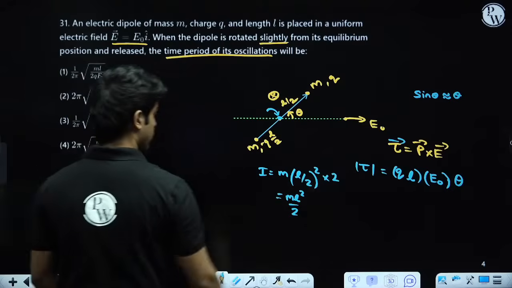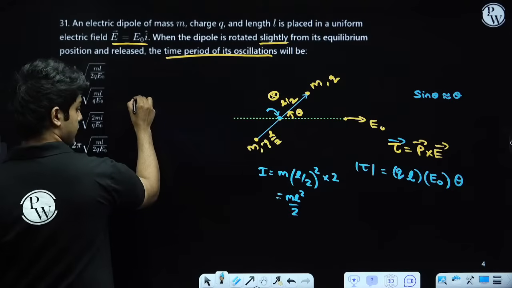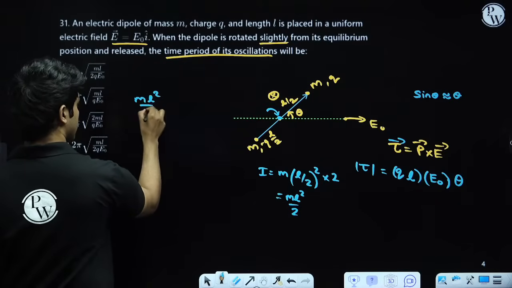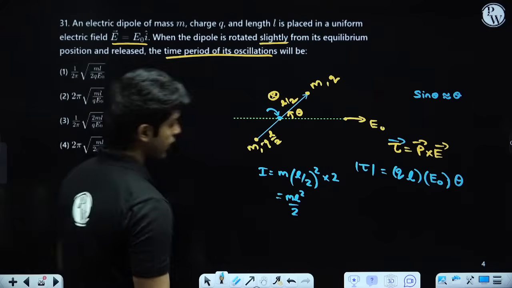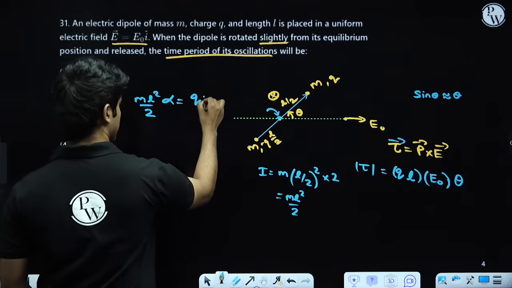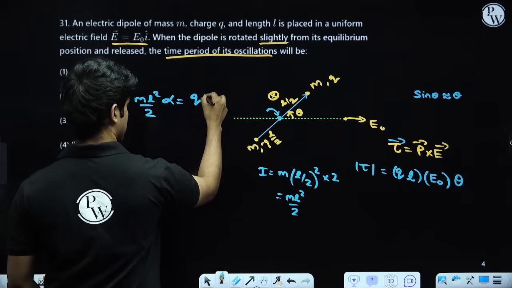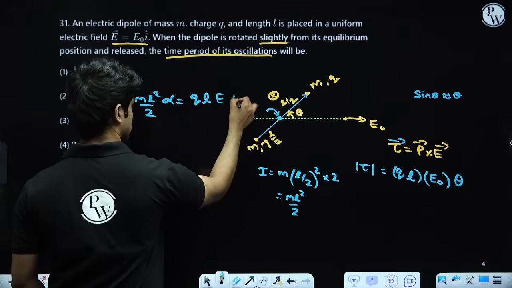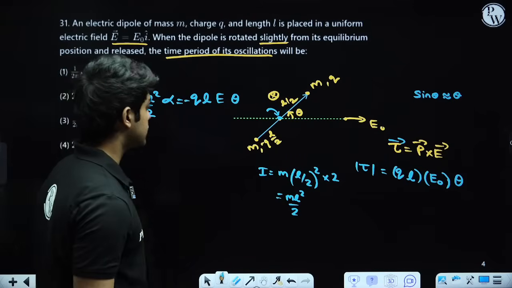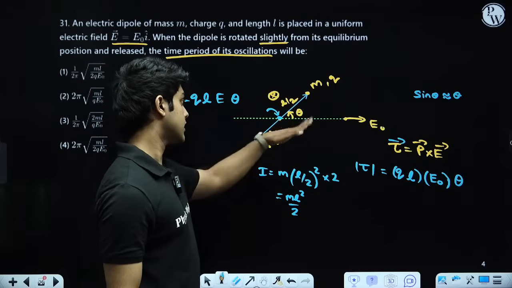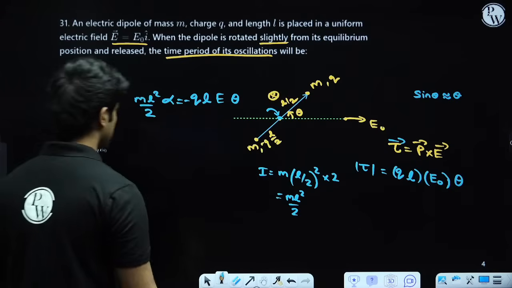Okay, so the moment of inertia is done. Now we can use the torque expression. Torque is I alpha: mL square by 2 times alpha equals Q L E naught theta. In fact, we should put a minus as well because angular acceleration and theta are in the opposite direction. Theta is counterclockwise, angular acceleration is clockwise.